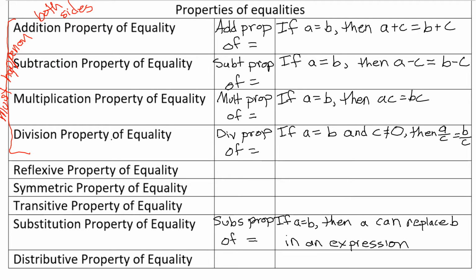So that means that if you know A equals B and A equals 3, then you also know that B equals 3. And that means that B in your expression can be replaced with 3, and you can add, subtract, multiply, or divide to get whatever your answer is.